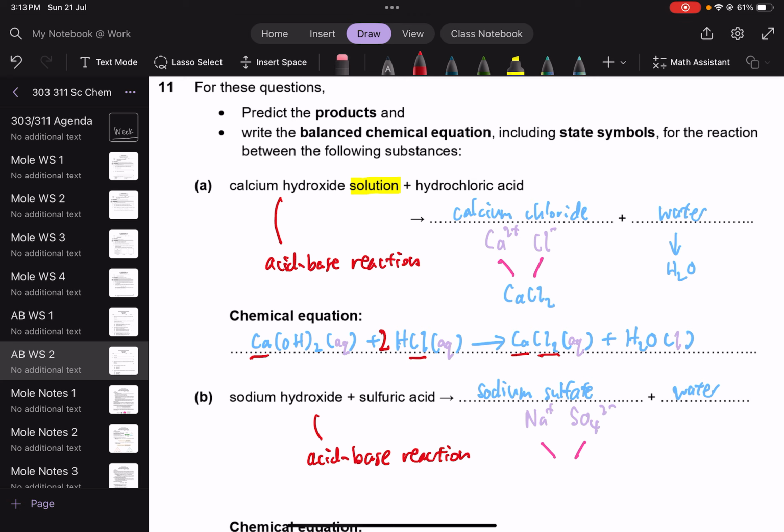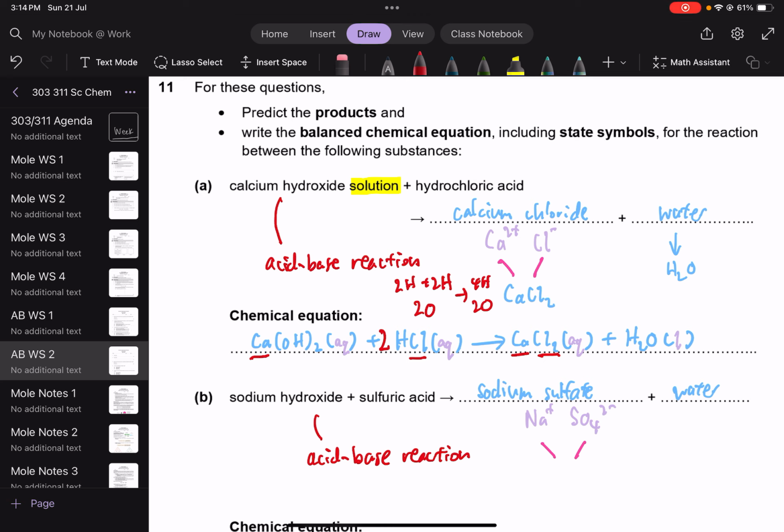So now, how many H and O atoms do we have on the left side? So now we have a 2H plus a 2H and 2O on the hydroxide ion. So we have a 2H plus a 2H here, and we have a 2O. So this gives us 4H and 2O. And on the right side, you actually have H2O.